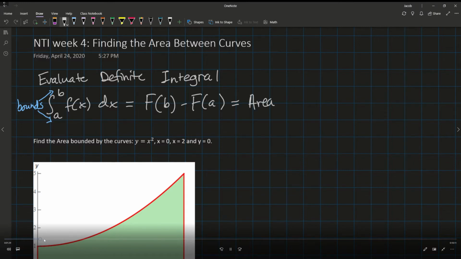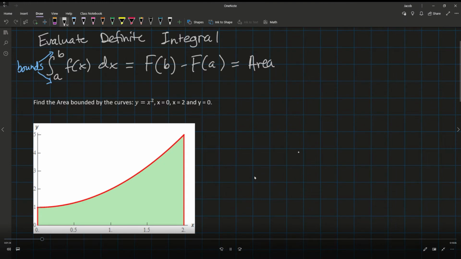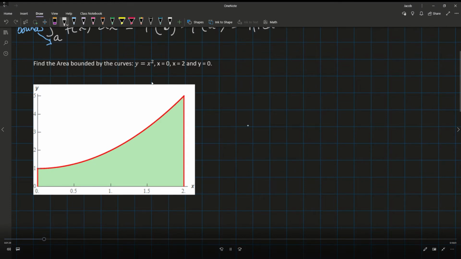The first example is going to represent area, and it has a pretty simple setup. I want to find the area bounded by the curves y equals x squared plus 1, x equals 0, x equals 2, and y equals 0. Y equals 0 is a little redundant because the integral already means the area bounded by the curve, the bounds, and the x-axis, which is y equals 0.